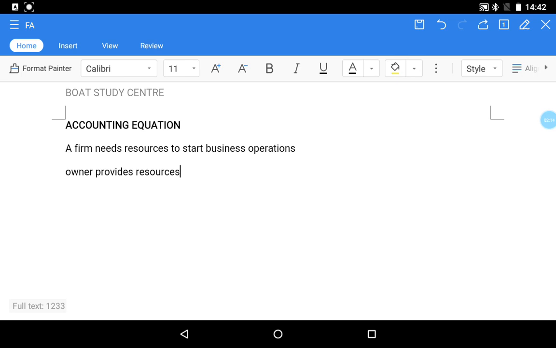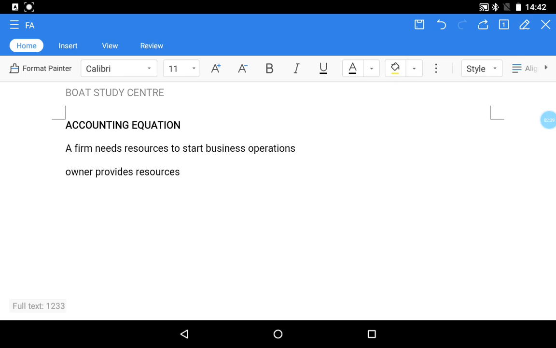A farm needs resources to start working, and the owner of that farm has provided them. Now we have two items: a business needed resources, and a business owner has provided those resources.